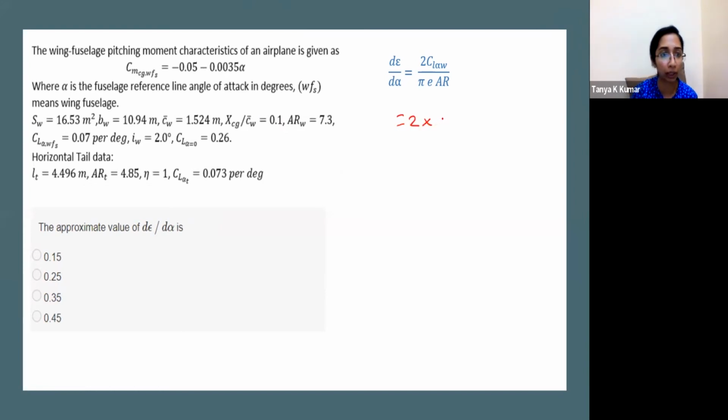2 into CL alpha wing. Where is the CL alpha wing?